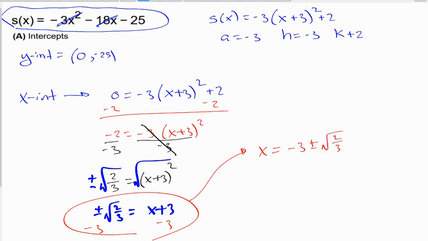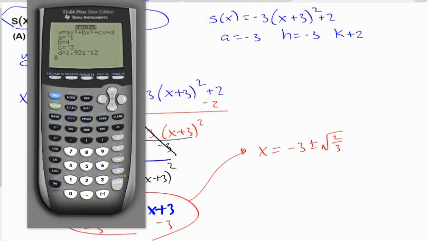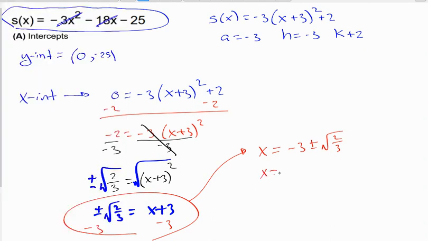And we can enter this into our calculator to get a decimal. The My Math Lab homework asks for a decimal answer for this. So -3 plus the square root of 2/3 gives us x is equal to -2.18.